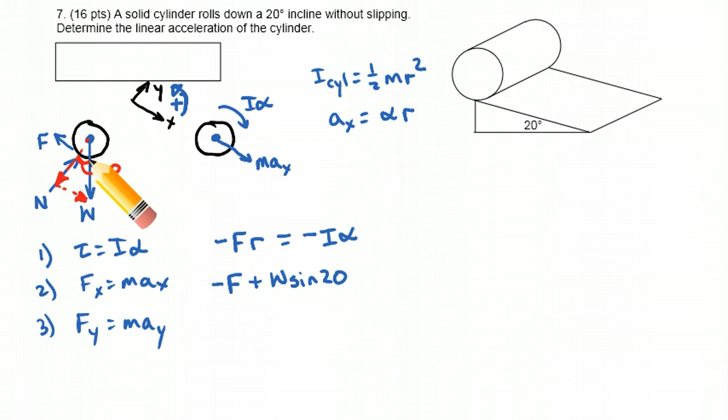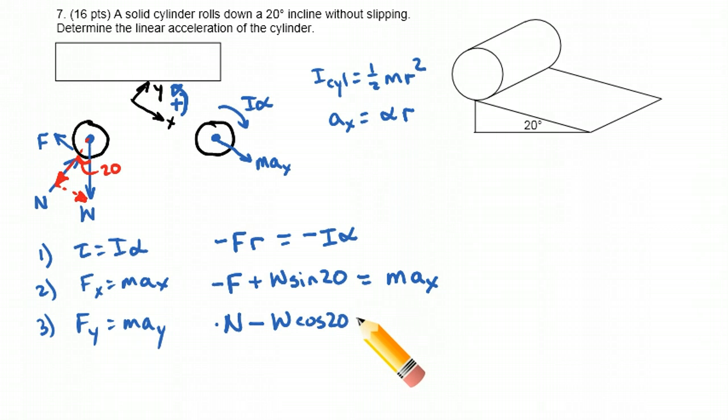So in the x we have the negative friction force and then the positive component of the weight, and that's going to be the mass times acceleration in the x. Just for completeness, I'll write the y equation. Turns out we won't need it, but it would be N minus W cosine 20 equals 0.